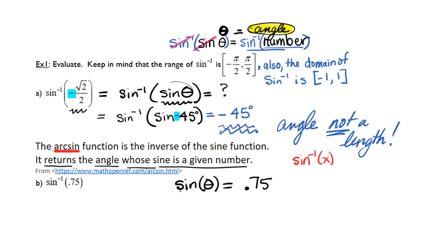Therefore, if I want to get the theta all by itself, then I have to undo the sine function so that I can release the theta inside. So I would say arcsine of sine of theta, but whatever I do to one side, I have to do to the other. And that undoes the sine function, and I'm left with just the theta.